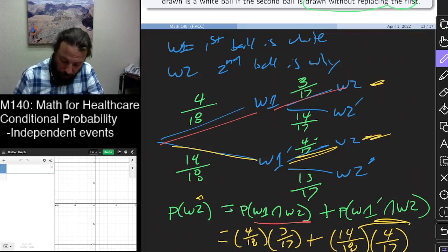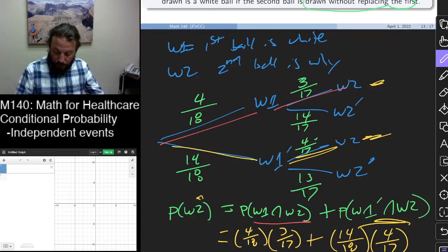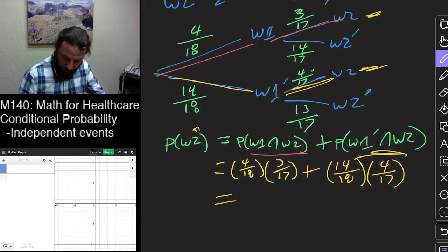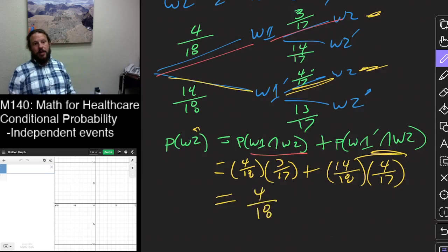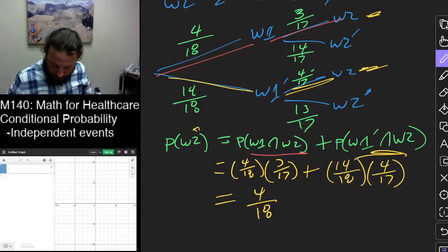When we multiply those, I'll let you do that on your own, but what we end up with is 4/18. And I'll let you think about why that comes out that way as well. But we do need to know how to find those intersections and probabilities. Okay.